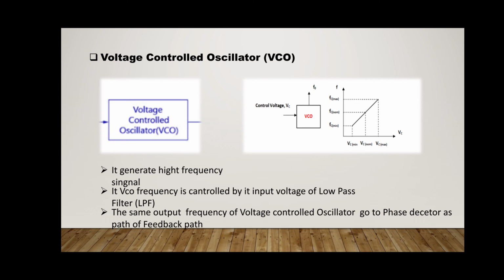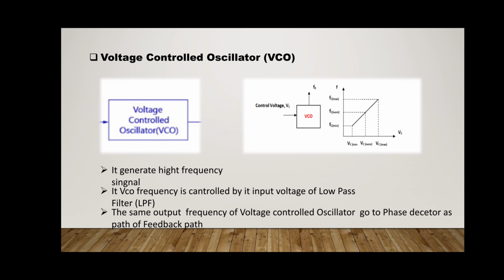In the VCO, the voltage signal is converted to a frequency signal, so it is also called a converter. As its name suggests, it is an oscillator whose frequency can be controlled by an external voltage.